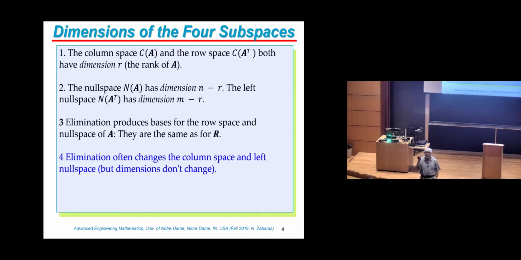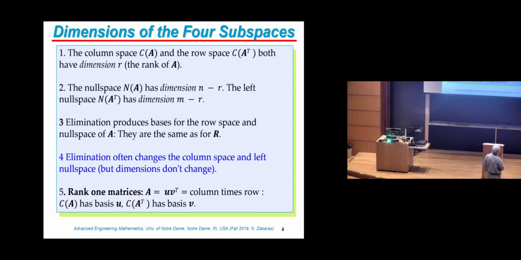What is the same is that the columns that are independent in R, the corresponding columns in A are also independent. So you have to look back at A to extract the basis of the column space. We will clarify this with one more example today.